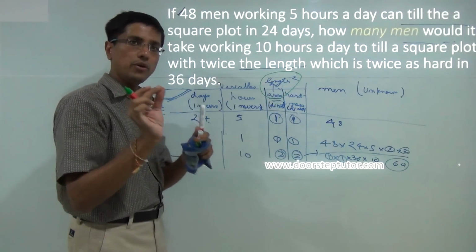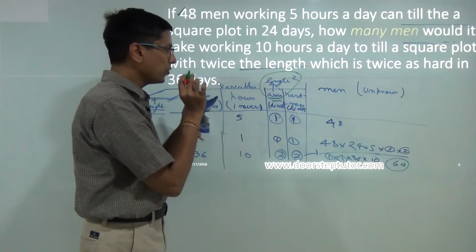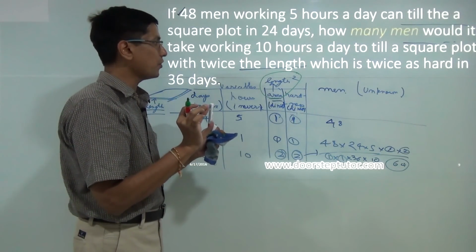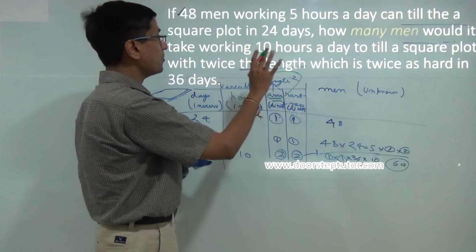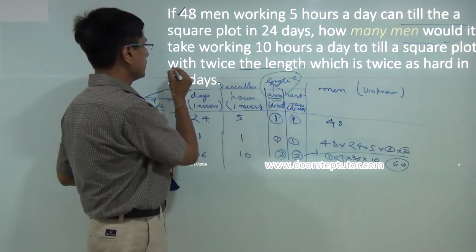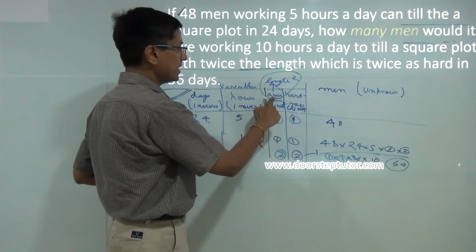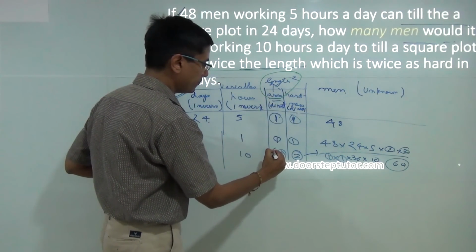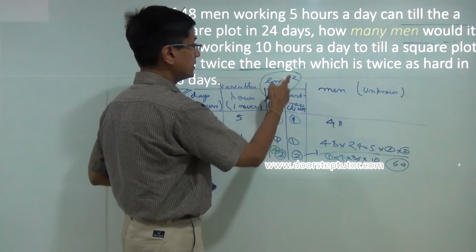So the only change from the previous question, all other values I have kept the same. The only thing I wanted to demonstrate by this question is that you should read the problem very, very carefully. With twice the length, you should not write 2 here. If you write area here, this would become 4. This would become 4.